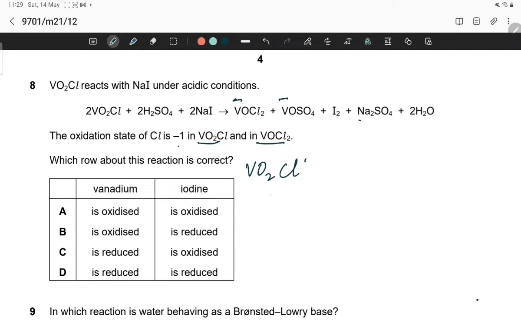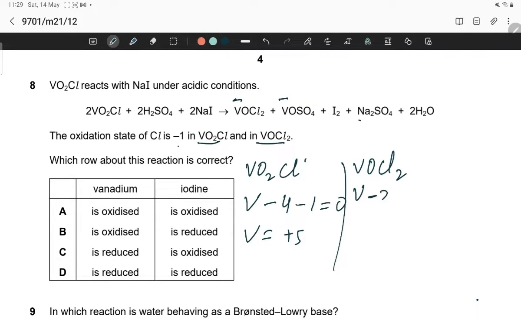the oxidation state is V minus oxygen 4 minus 1 is equal to 0, V is equal to plus 5. Similarly, VOCl2, V minus 2 minus 2 is equal to 0. So V minus 4 is equal to 0, V is equal to 4.